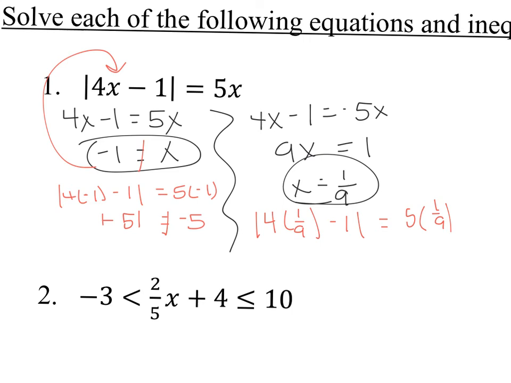And then I would just type in 4x minus 1, math, enter, enter. I get 5/9. And then on the right side, 5 times 1/9 is 5/9. So yes, that matches. So my only solution on number 1 is 1/9, not negative 1. So let's now go down to number 2.